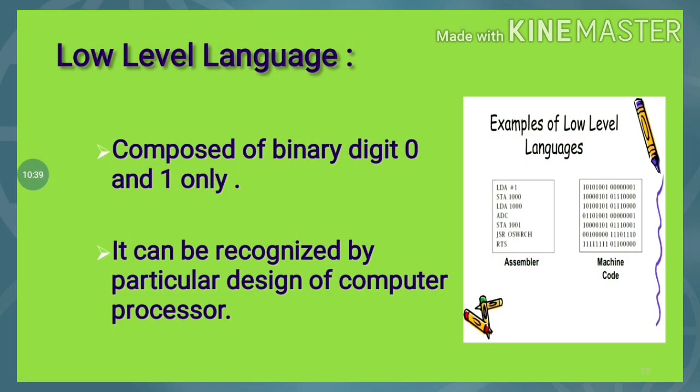Low level languages are mostly composed of binary digits, that is zeros and ones. To understand zeros and ones, we use a particular design of computer processor that understands the binary digits.